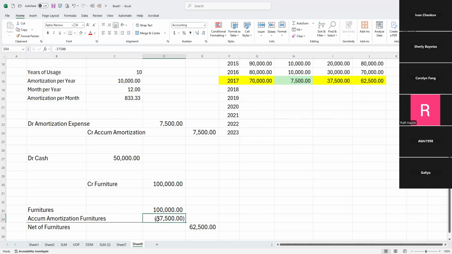What's the normal balance on that account? Since it's a contra account to the asset account, normal balance will be credit. So how can I close it? By debiting. Let's get rid of it. Debit accumulated amortization, furnitures. How much do I have to get rid of? 37,500.